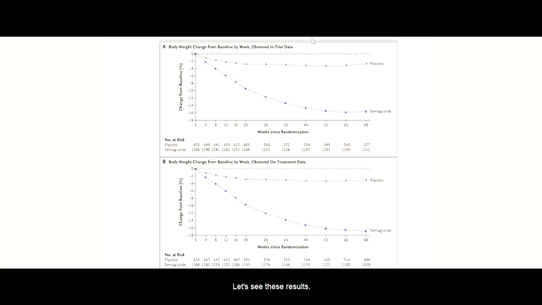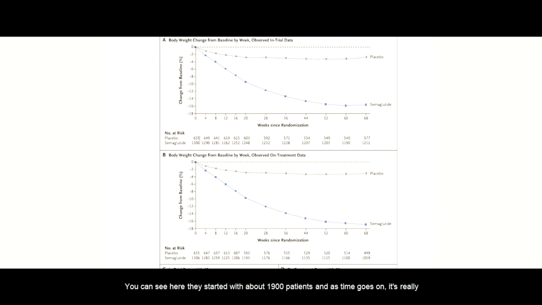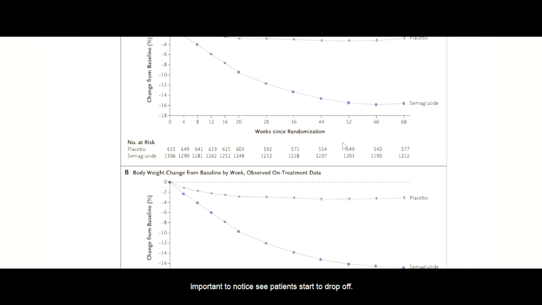Let's see these results. So they were saying as early as 4 weeks. So I can see here, you start to see pretty clear separation of the curves, and then quite significant drop in weight the longer it goes on. You can see here, they started with about 1,900 patients, and as time goes on, it's really important to notice, patients start to drop off.